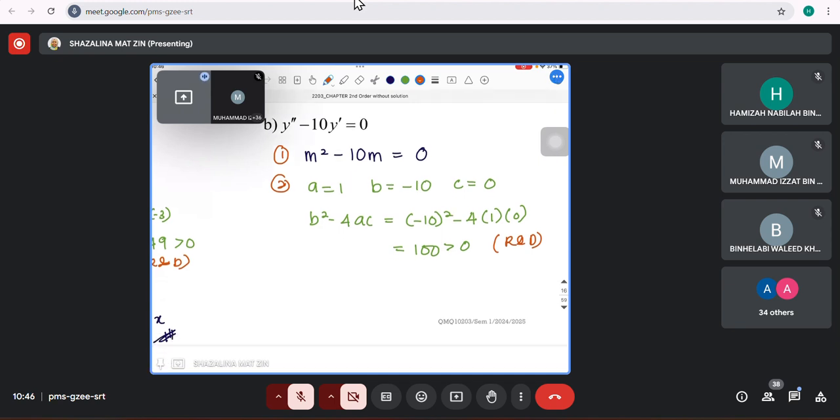Step number 3. Okay, find the value of m. Okay. By using your calculator, please find the value of m and make sure you have 2 value of m. Okay, tolong saya cari what is the value of m.